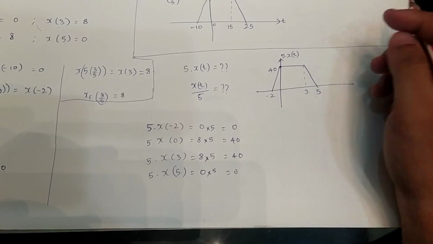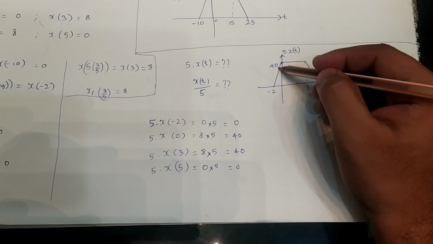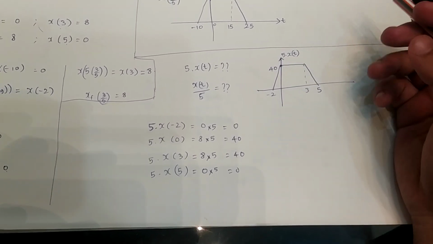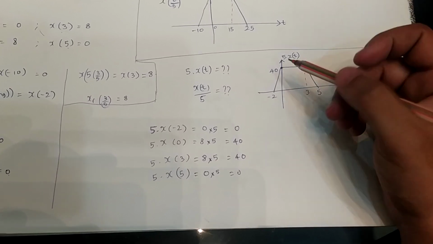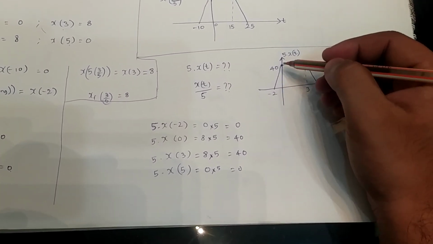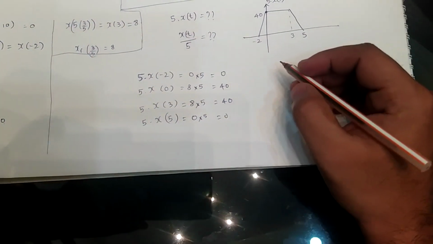And a quick analogy question: if multiplying by 5 makes the amplitude get scaled by 5, what will happen if I divide this x of t by 5? As you guessed, 8 would become 8 by 5. That's what is going to happen here.